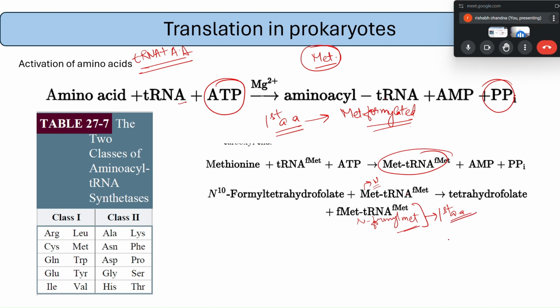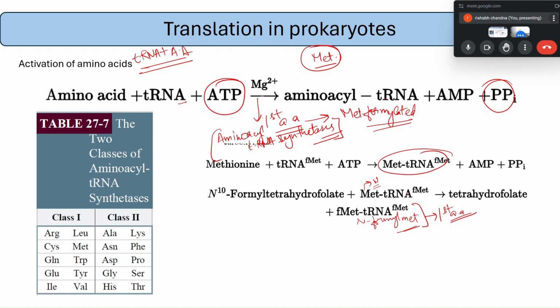Okay, and this reaction is catalyzed by the amino acyl tRNA synthetase. So this is an ATP requiring reaction, because adding of the amino acid to the tRNA is energy driven.